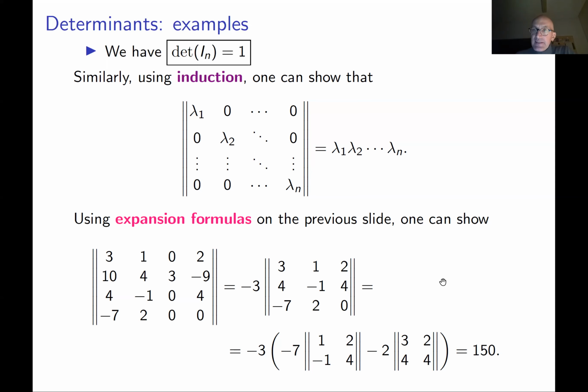So now let us discuss some deep, interesting, important properties of determinants, which follow from the definition and from the proposition on the previous slide. But they do not follow immediately. You actually have to prove these formulas, and also the proposition on the previous slide.